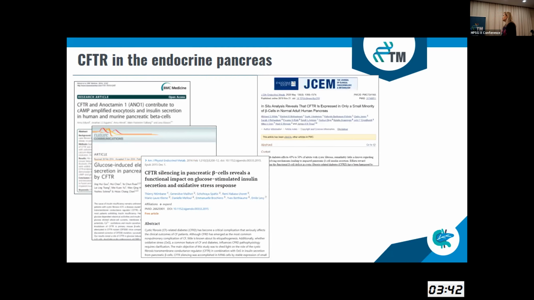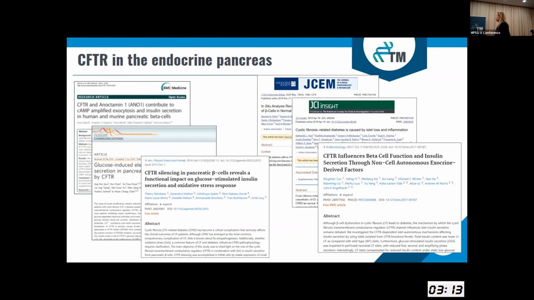In contrast, in humans, a recent study has shown that CFTR is only expressed in a small minority of beta cells. So in the case of humans, the endocrine function is much more regulated by the exocrine CFTR.